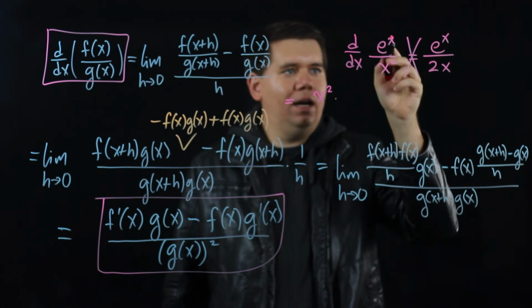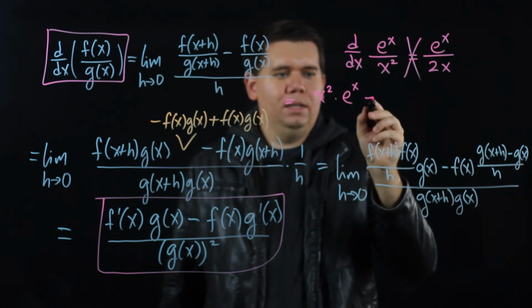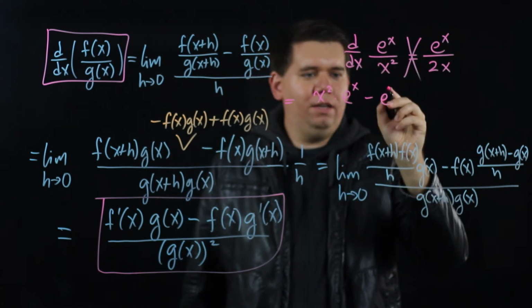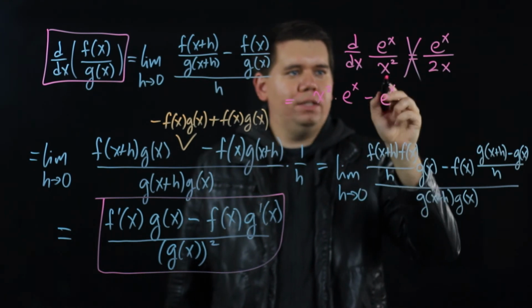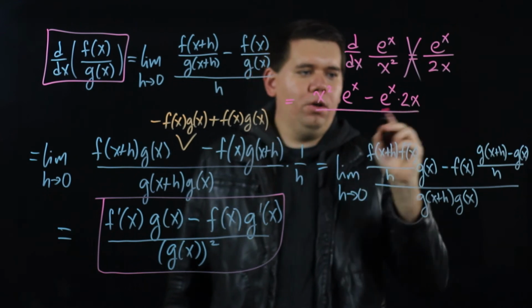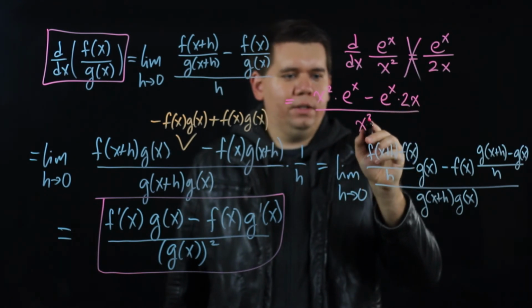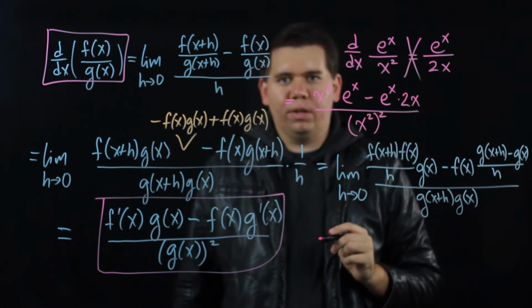The derivative of e to the x is just e to the x. Minus, we hold the top, we leave e to the x the same, times the derivative of the bottom, 2x, all over the bottom squared, x squared squared, which just becomes x to the fourth.